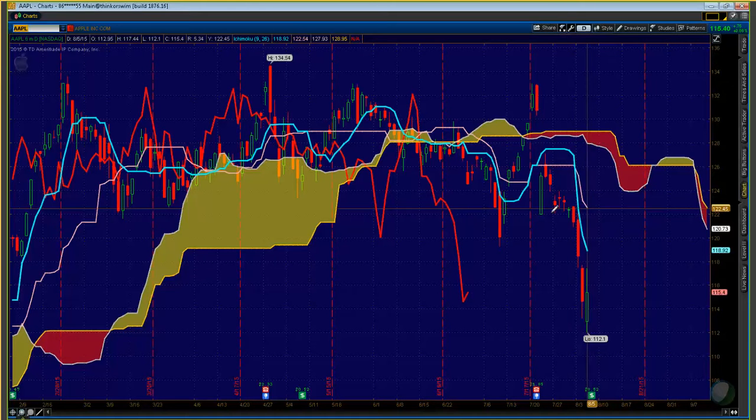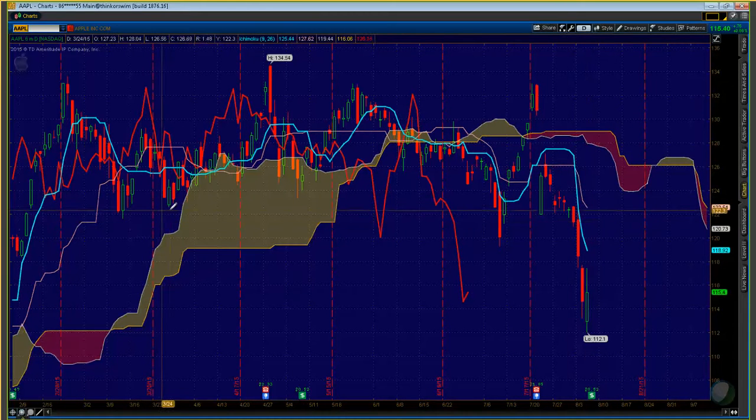And we can look back where the Kijun-sen is currently, and see that it acted as a past support level as price action followed through. So you can get all sorts of information just looking at this at a glance.